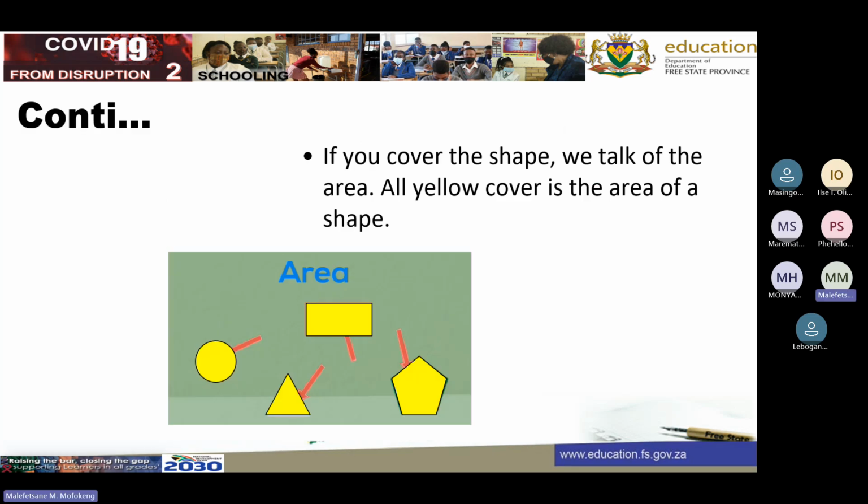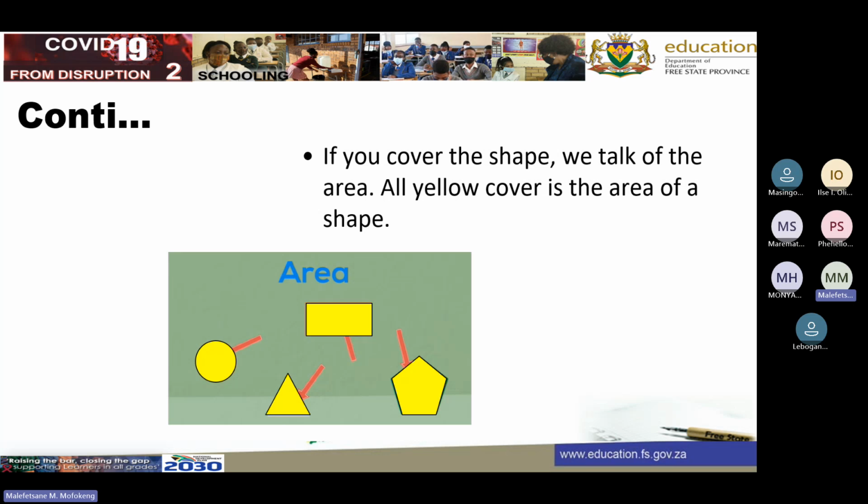Like I said earlier, if you cover the shape, we talk of the area. All the yellow cover is the area of a shape. When I cover that area with the yellow color, it is the area.